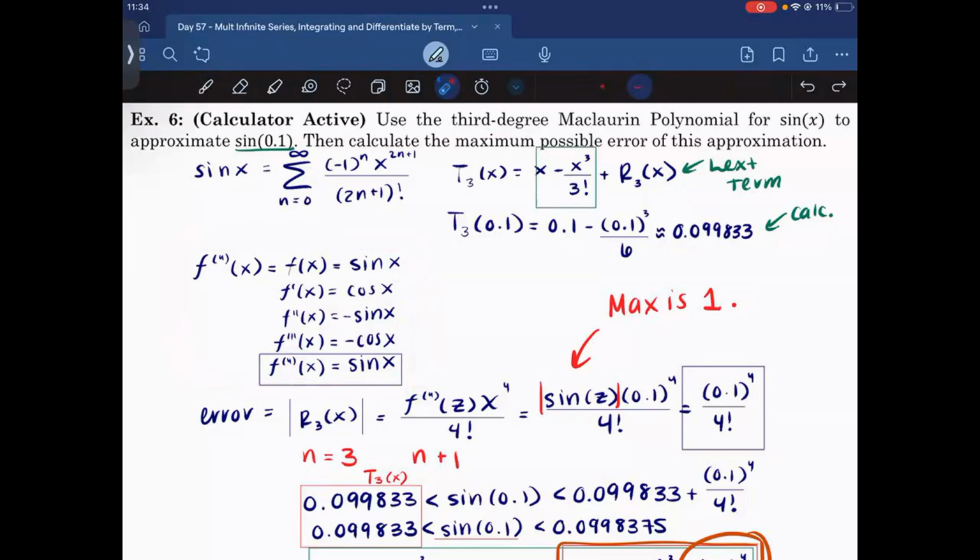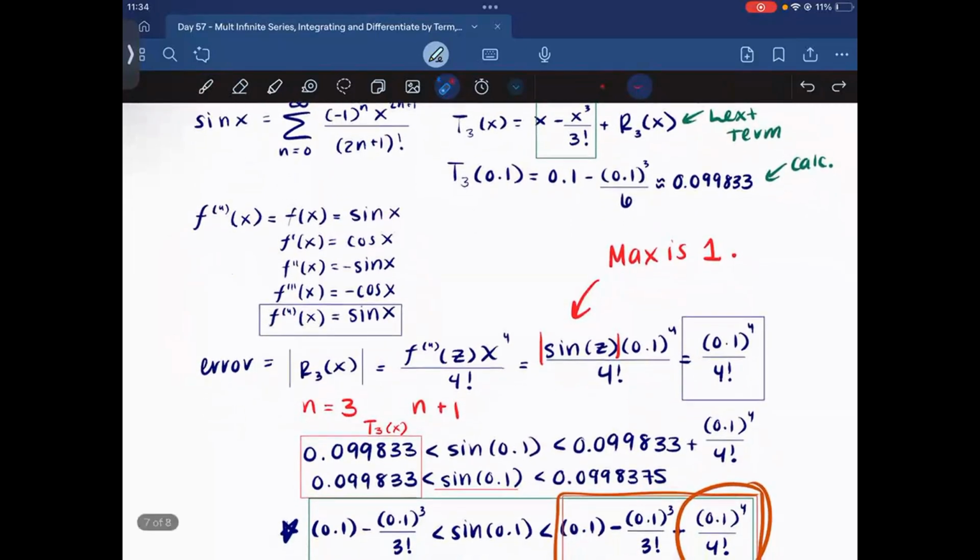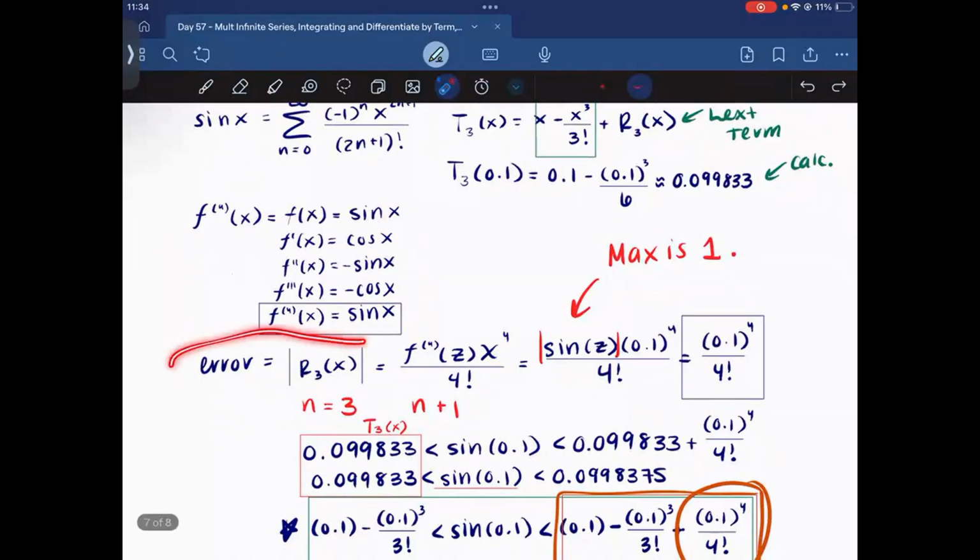I'm going to scroll down just a smidge. So my error is the third term, but it's the fourth degree, right? Third term, fourth degree. Two different things. Think of it kind of like n equals 0 is your first term, n equals 1 is your second term, and so on.